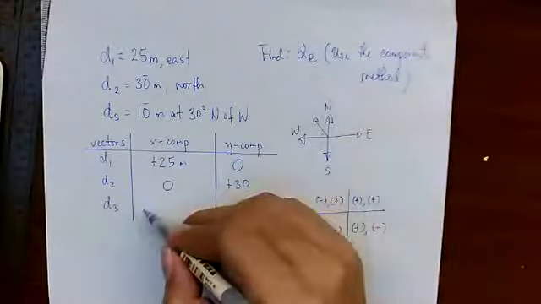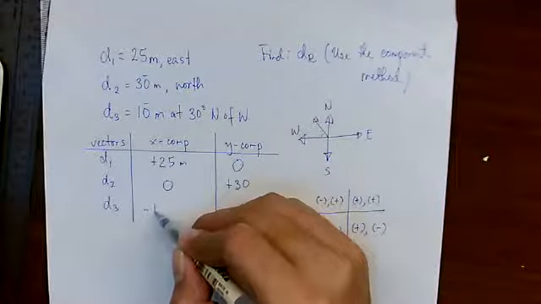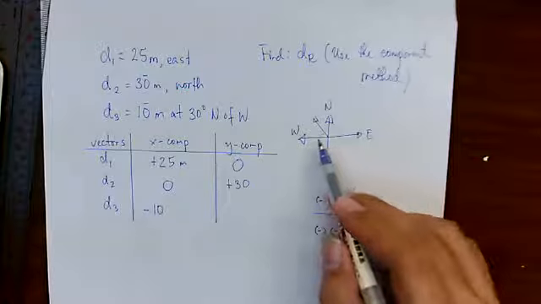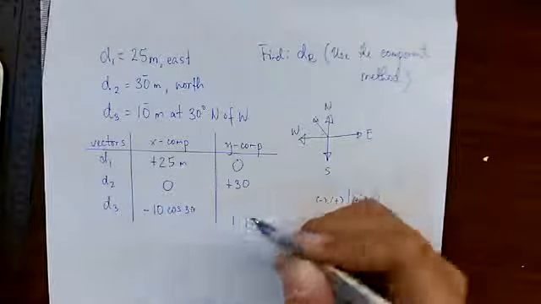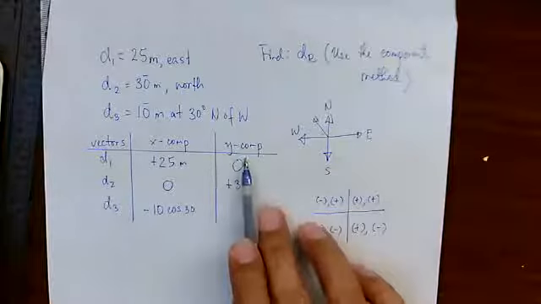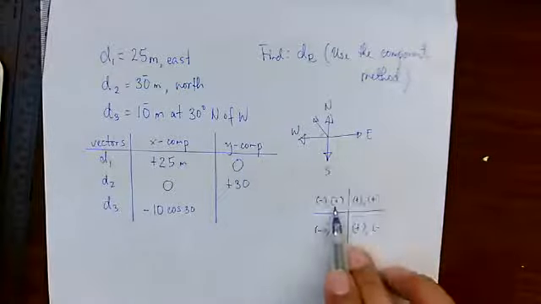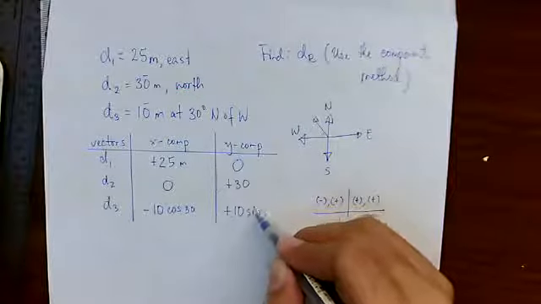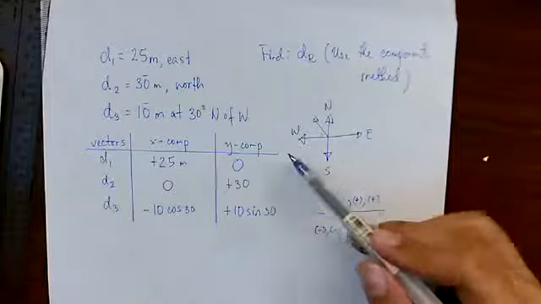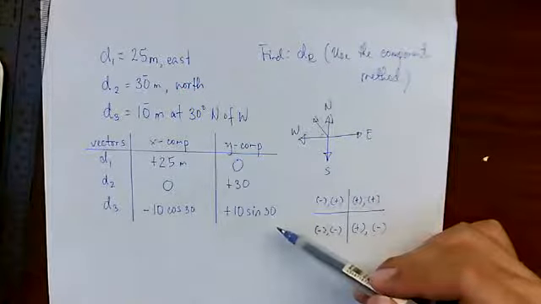Since the third vector lies in the second quadrant, the X part should be negative. So negative 10, and the X part is given by cosine: negative 10 cosine 30. For the Y part, it is positive, so positive 10 sine 30. The Y component is given by sine.